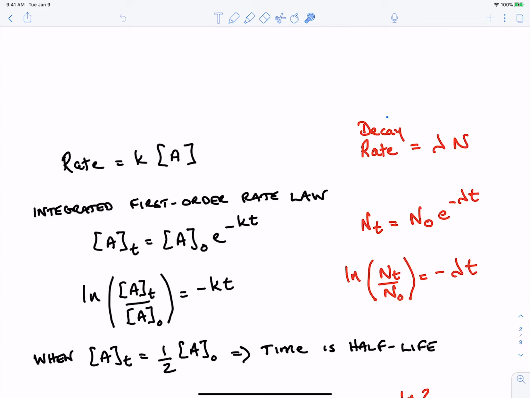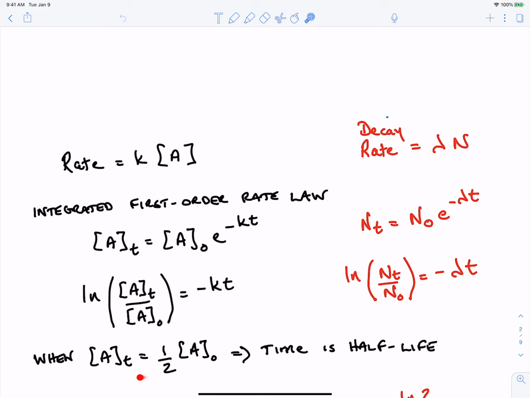We can also see that the natural log of the number of particles at time t divided by the number of nuclei at time 0 is equal to minus lambda t, exactly the same as this expression.